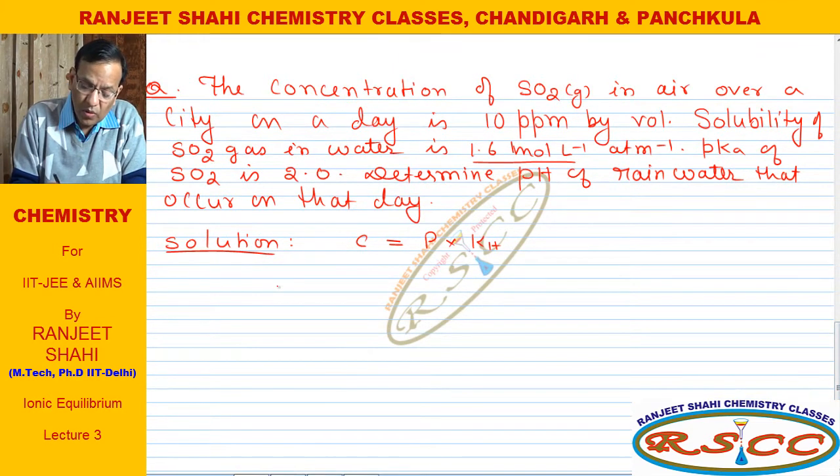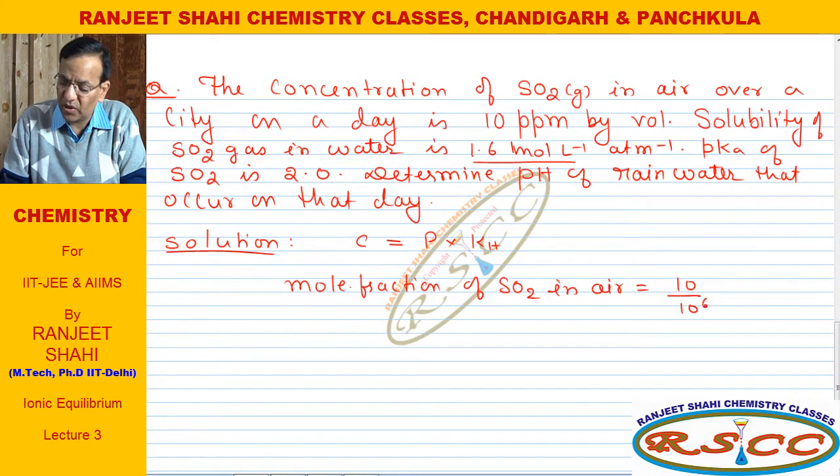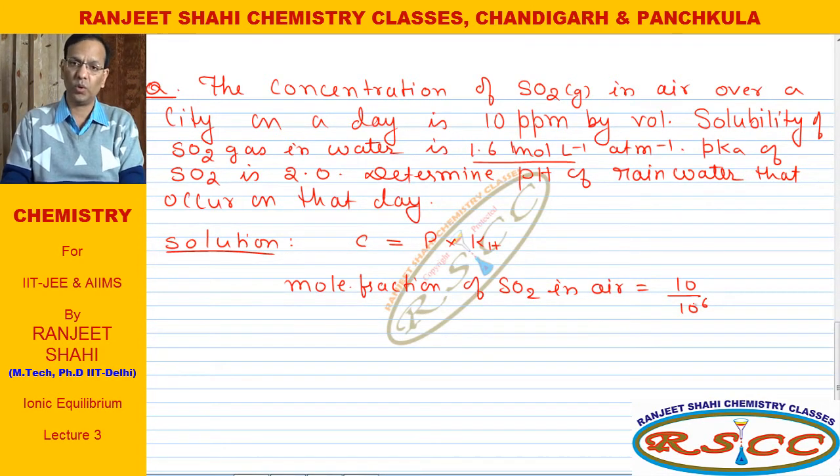Also, mole fraction of SO2 in air can be determined as 10 upon 10 raised to the power 6. It is volume fraction, which will also be equal to mole fraction, since at same temperature and pressure volume is proportional to mole.